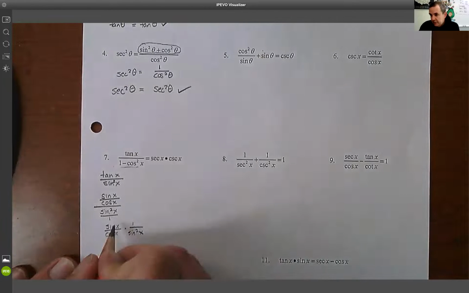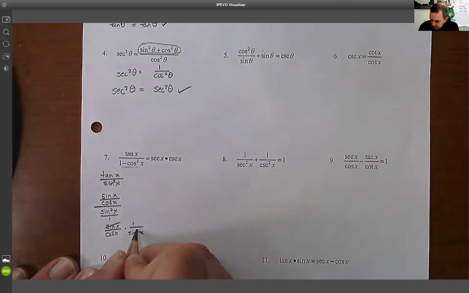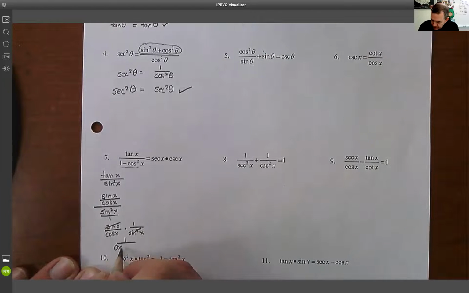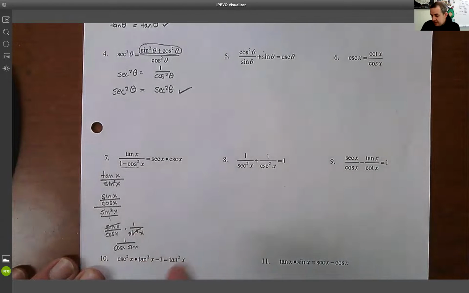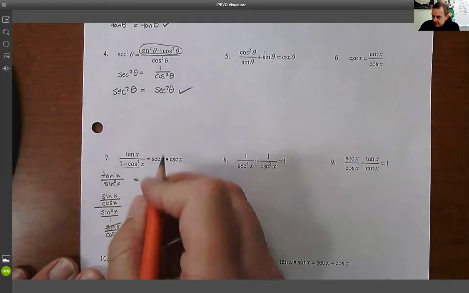What we can do is cross off one of these sine x with one of these, and this side ends up being 1 over cosine x sine x. I've simplified this because there's really not much else I can do. On this side I'm just going to rewrite.